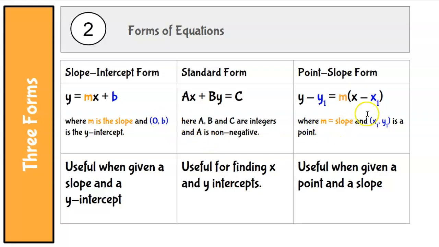So both B and X1, Y1 are points on the line. Slope-intercept form is particularly useful when given a slope and intercept. That's why we call it slope-intercept form. It's good for graphing. The standard form is useful for finding X and Y intercepts. And point slope form is useful if they give you a point and slope.